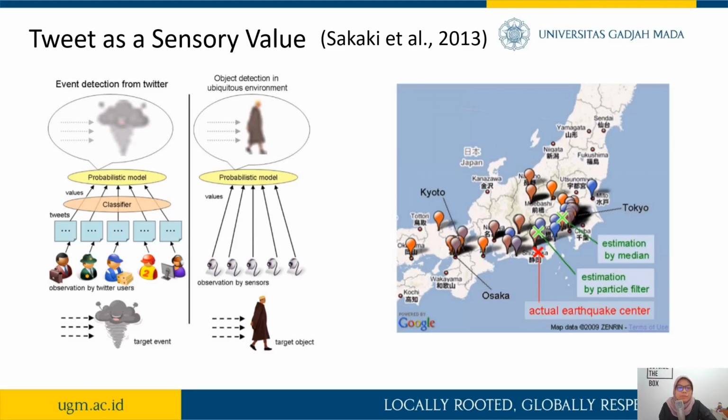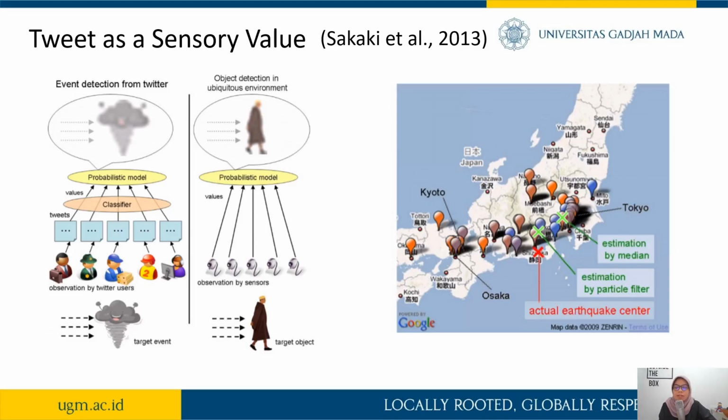For Twitter, the input will be target events, and the observation is done by the Twitter user, and at some point it will create a probabilistic model, and this is actually pretty similar to how a real sensor works.